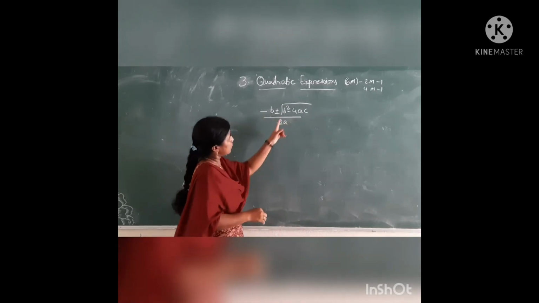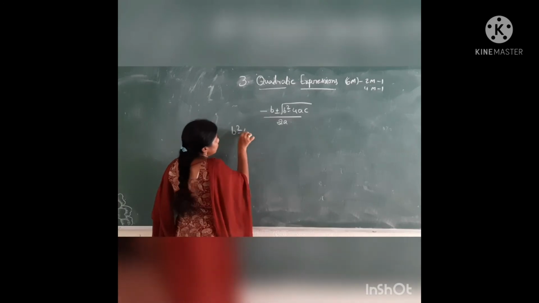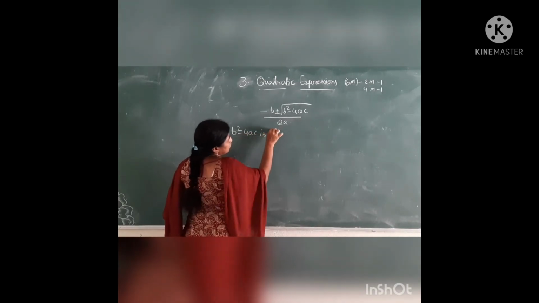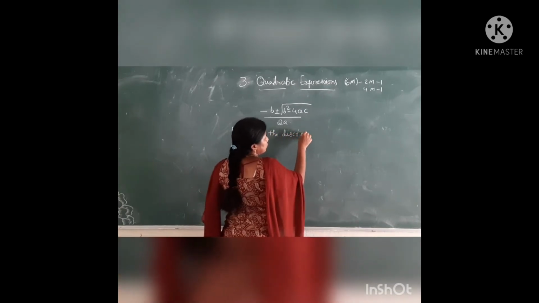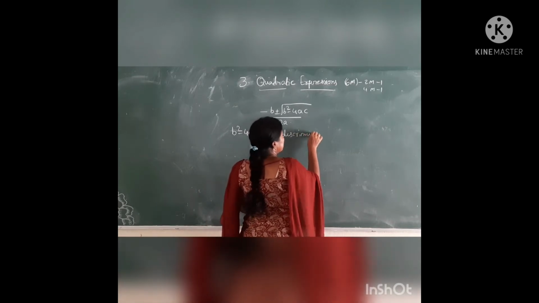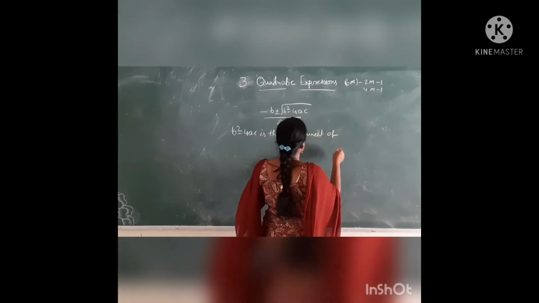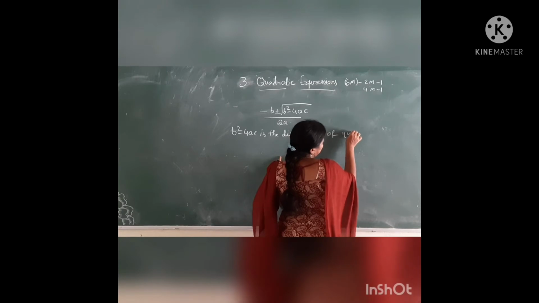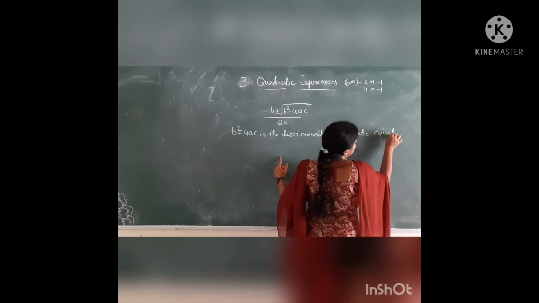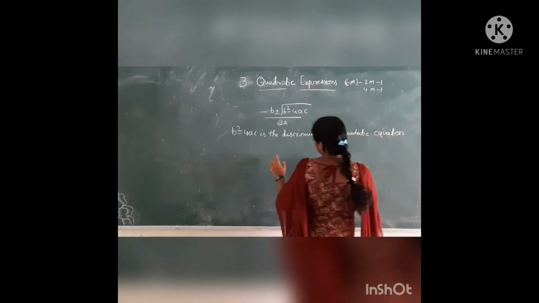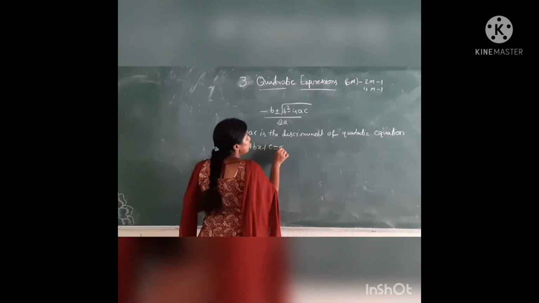Okay, here b square minus 4ac is the discriminant of the quadratic equation ax square plus bx plus c is equal to 0.